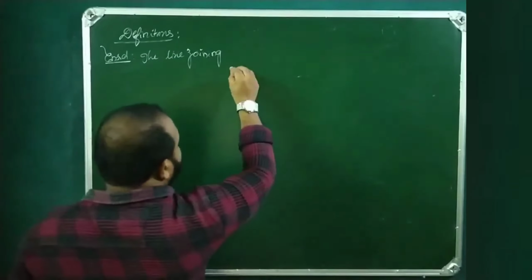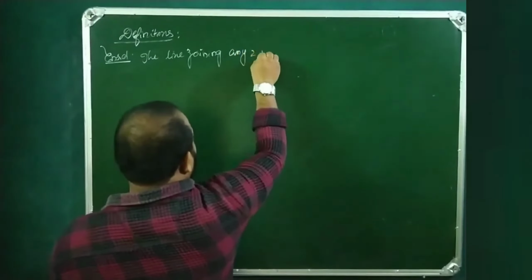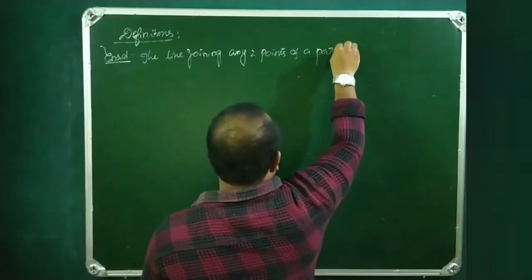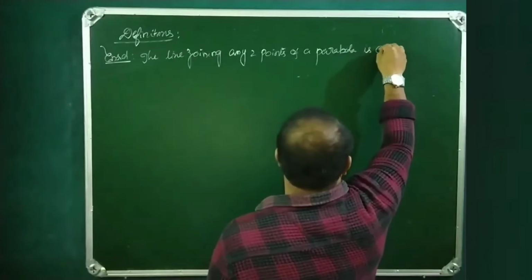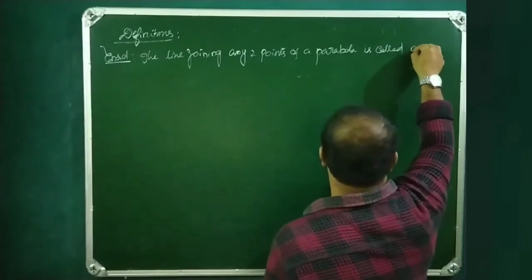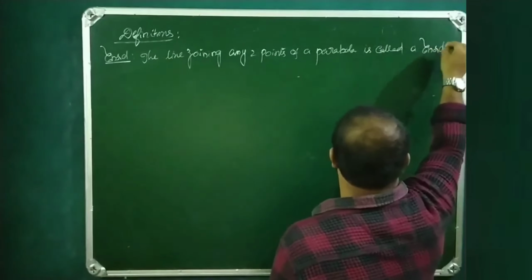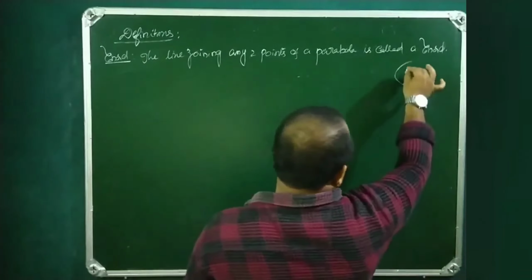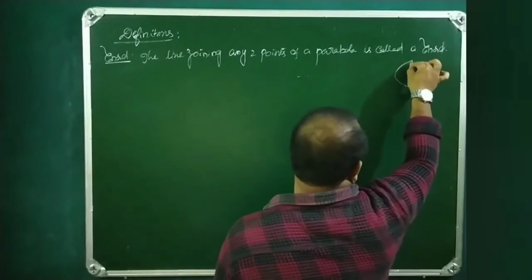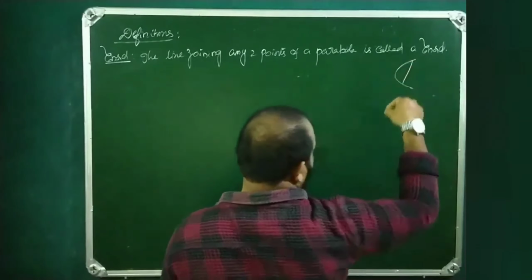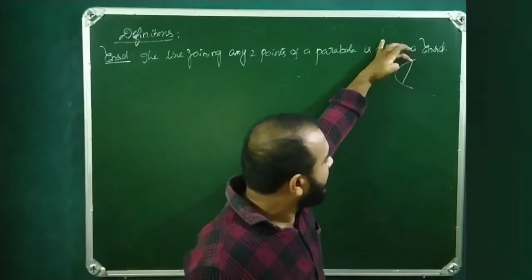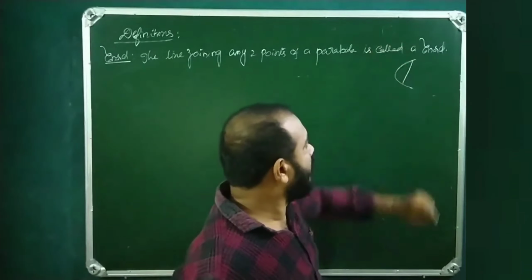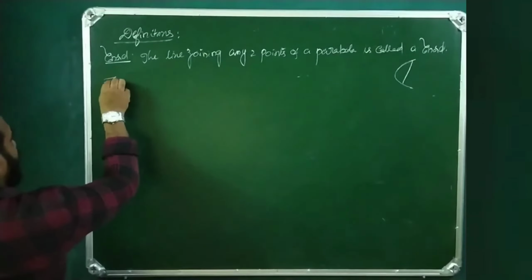The line joining any 2 points of a parabola is called a chord. That means this is the parabola, and the line joining these two points of the parabola is called the chord.